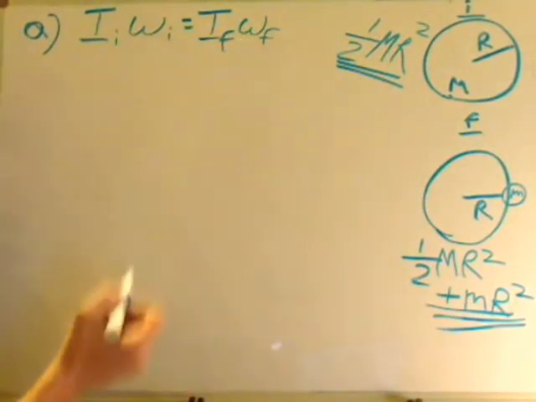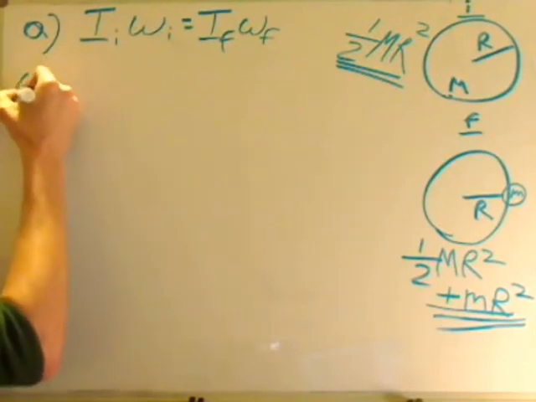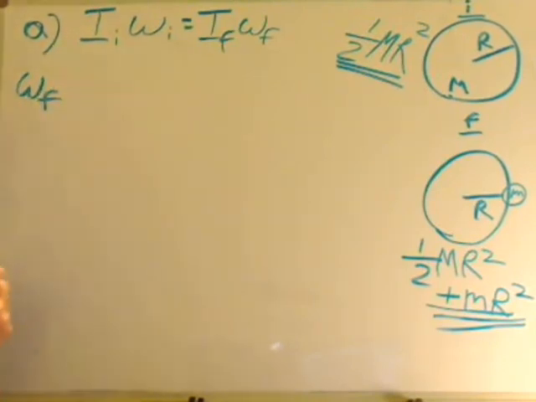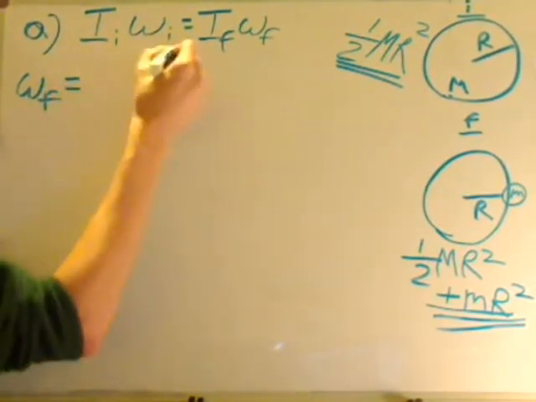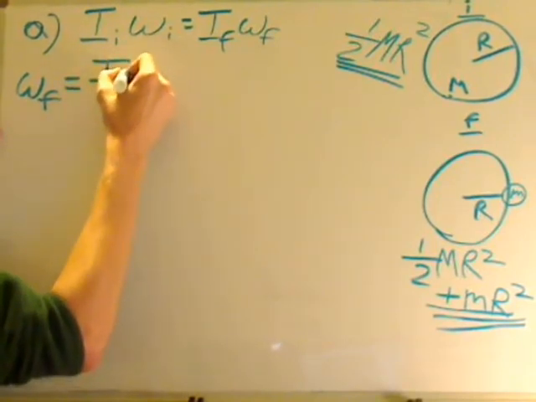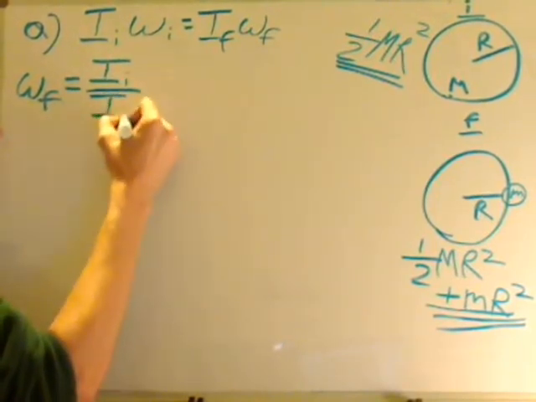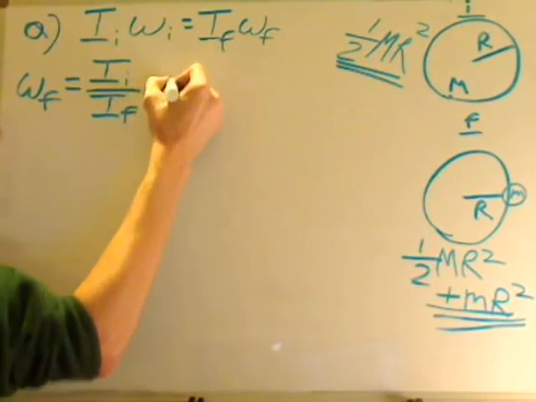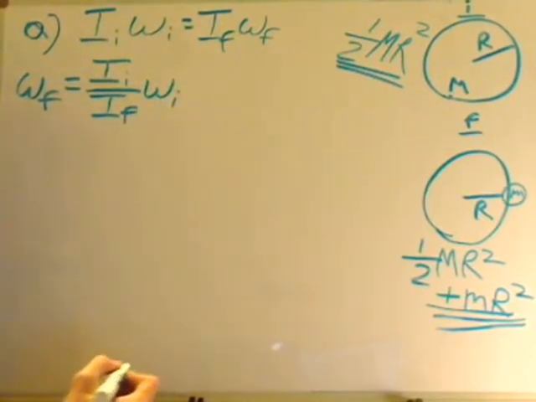Solving for the final angular velocity, it's the initial moment of inertia divided by the final moment of inertia, times the initial angular velocity.